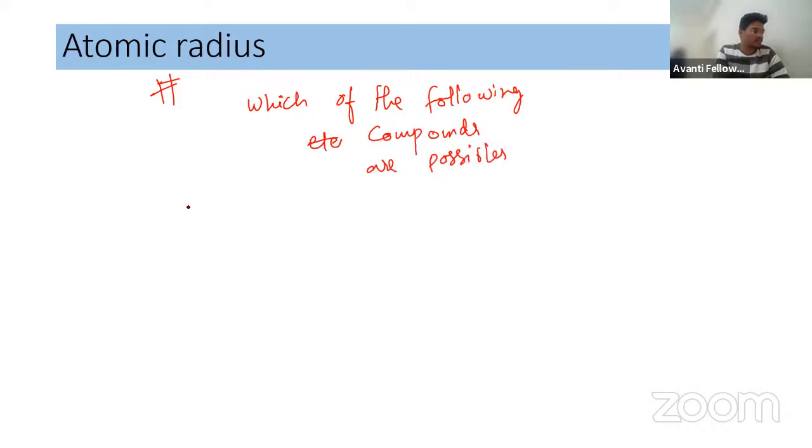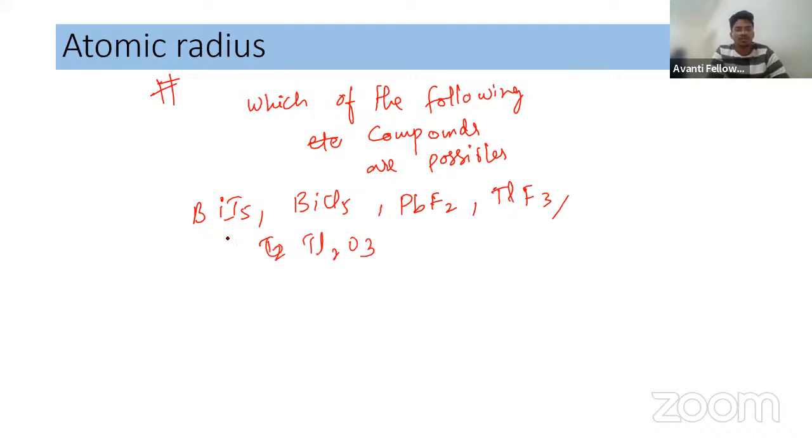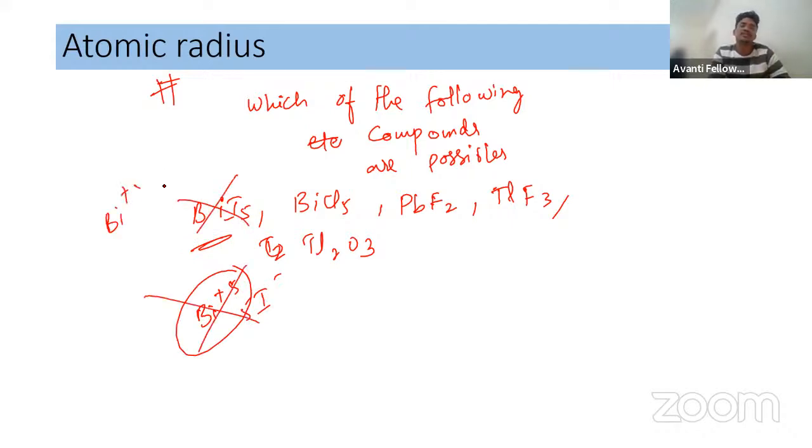I'm giving you BiI5, BiCl5, PbF2, next one is TlF3, and Tl2O3. Now if you write this one, Bi +5 and 5 I minus. I told you Bi +5 is not stable, so this is not going to exist because Bi +5 is unstable compared with Bi +3.